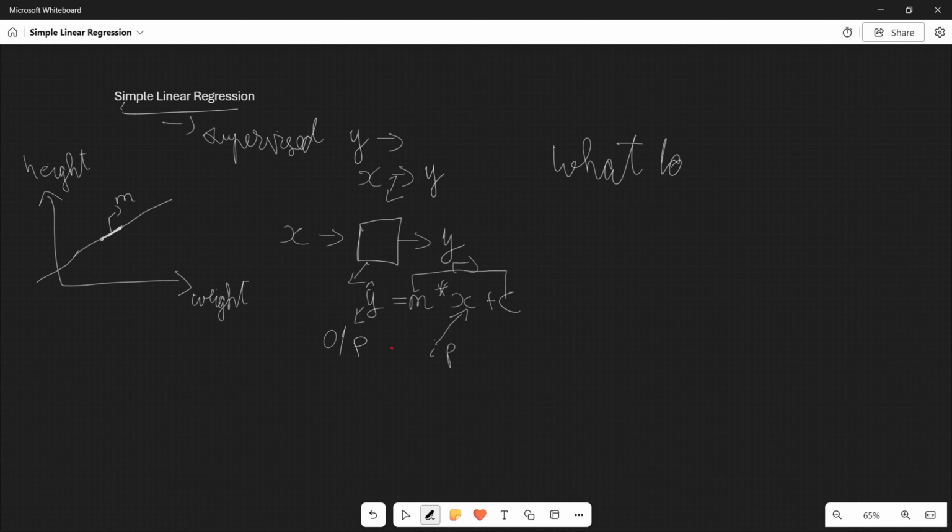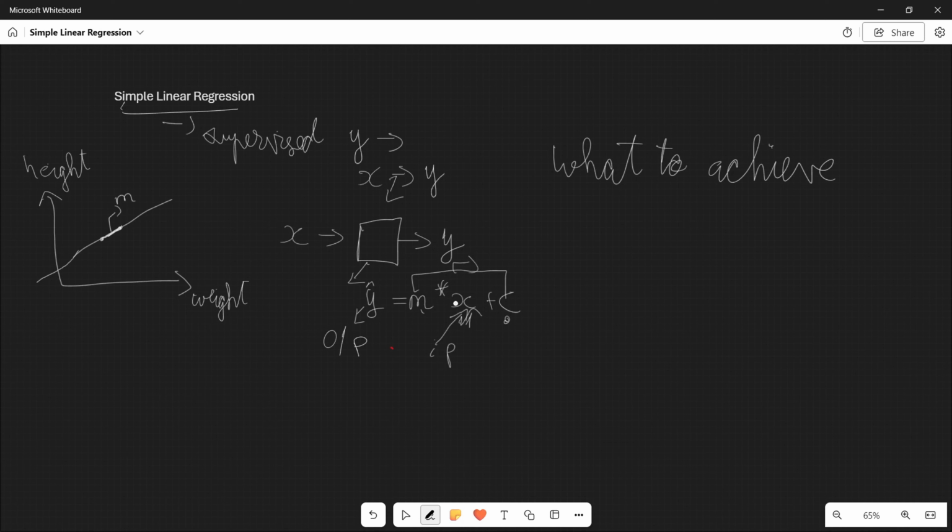So what are we trying to achieve here using simple linear regression? We have to fine tune the m and c values so that they are accurate, or at least somewhat accurate, such that whatever future values are fed into x as input, we get a decent or somewhat accurate output y.